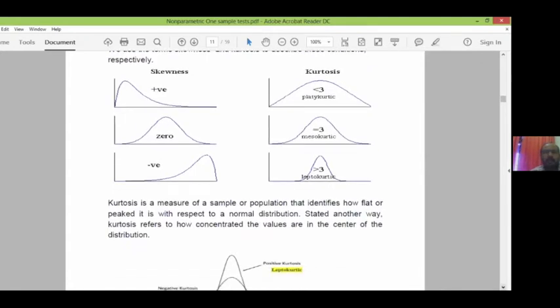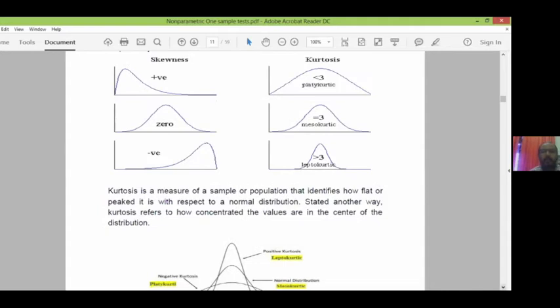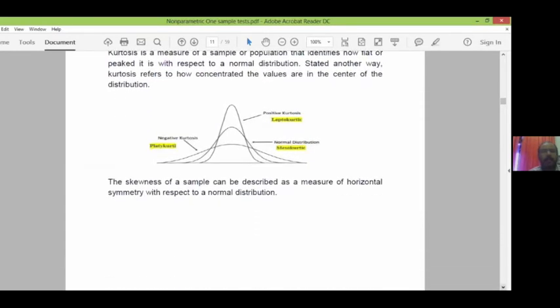Kurtosis is a measure of a sample or population that identifies how flat or peaked it is with respect to the normal distribution. In another way, kurtosis refers to how concentrated the values are in the center of the distribution. And then I have here another graph. Skewness of a sample can be described as a measure of horizontal symmetry with respect to the normal distribution.